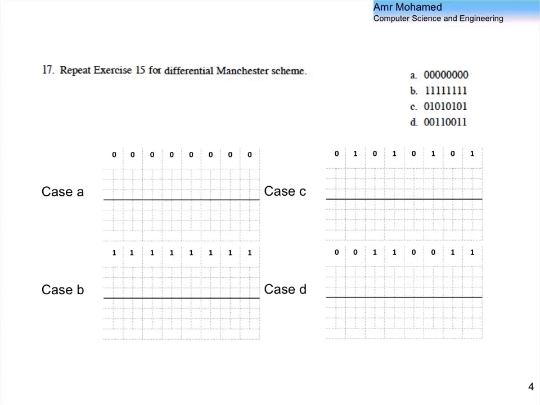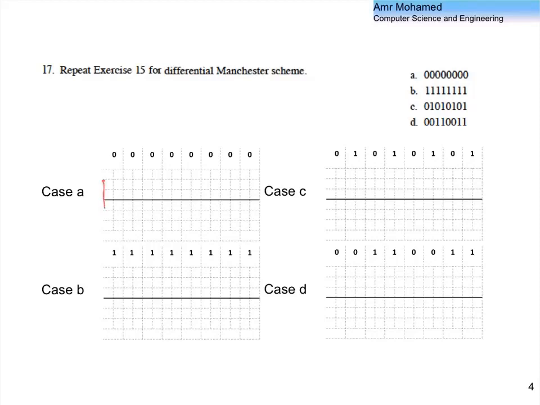Alright, so repeating the same exercise for differential Manchester. Remember, for differential Manchester, the way it works is that we toggle once in the middle of each bit. If there is a 0, then you start by toggling at the beginning of the bit as well, and then you toggle once more in the middle.